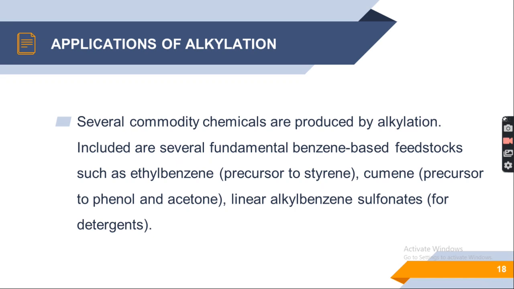It includes several fundamental benzene-based feedstock, such as ethyl benzene, which is considered a precursor to styrene, cumene, which is the precursor to phenol and acetone, and linear alkyl benzene sulfonates, which are used in the manufacture of detergents.